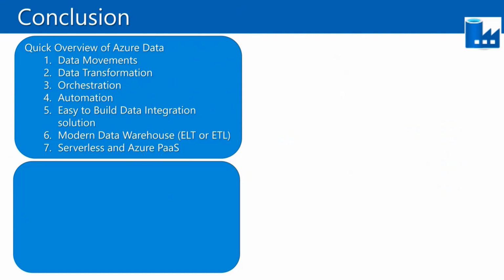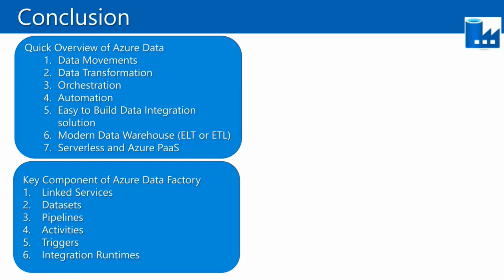Then we had a pipeline, which is a logical group of your activities. And then we had an integration runtime. As you know, Azure Data Factory is serverless and platform as a service, so integration runtime provides your compute infrastructure. So these are the 6 components.